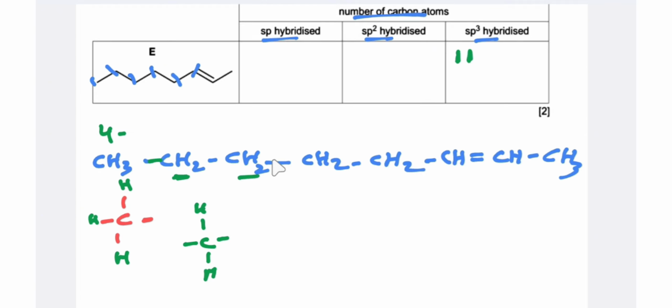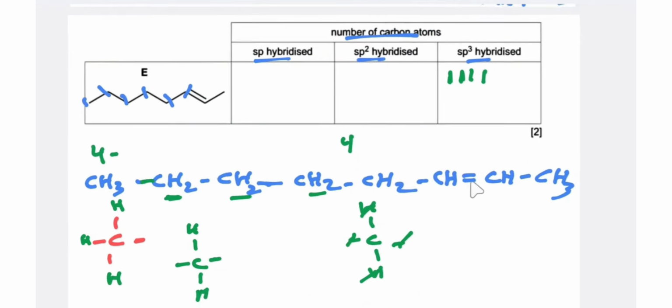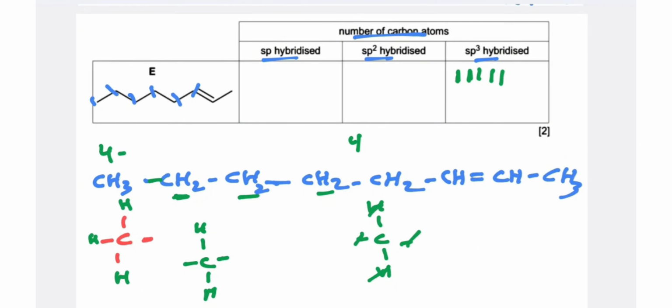Similarly, this is also the same structure, so sp3 hybridized. This is also sp3 hybridized. Again, for this carbon, it is attached to 2 hydrogen and 2 carbons. So it is attached to 4 atoms and has no lone pair, so again it is sp3 hybridized.